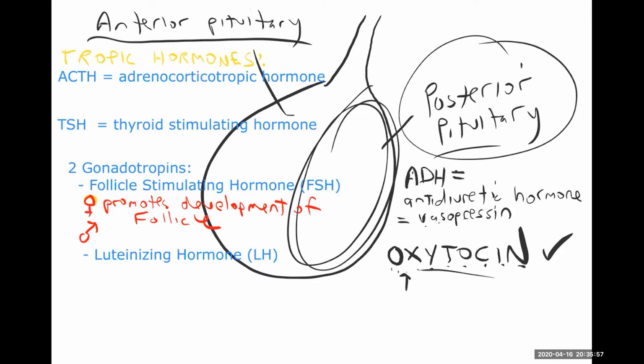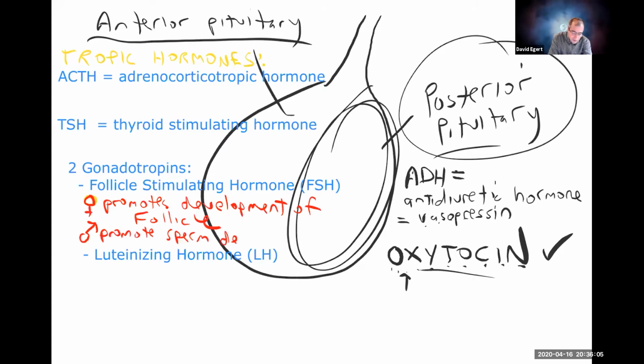Exactly. So this is going to promote sperm development. Again, little sperm. We'll talk way more about them as well when we get to the reproductive system. So that is follicle stimulating hormone, FSH.